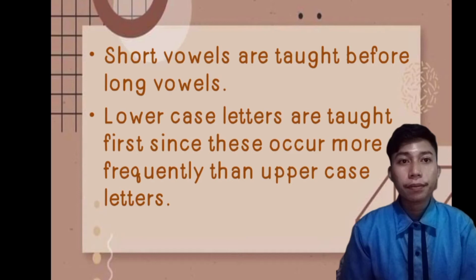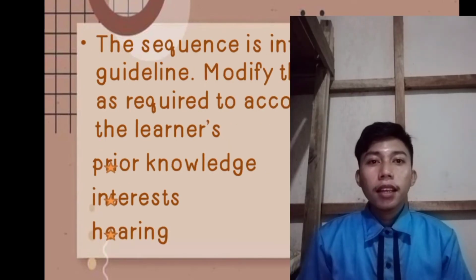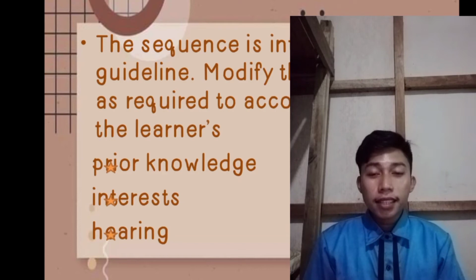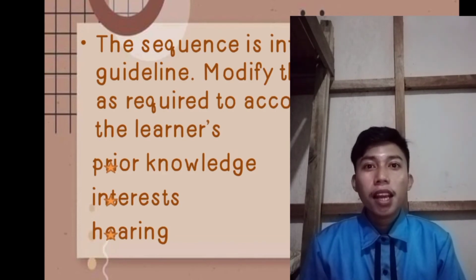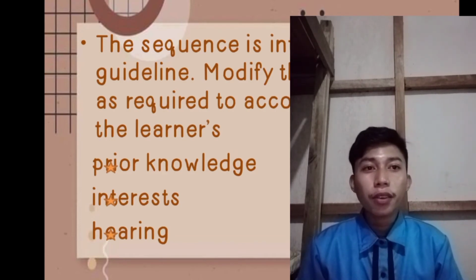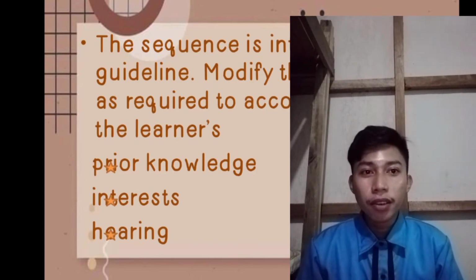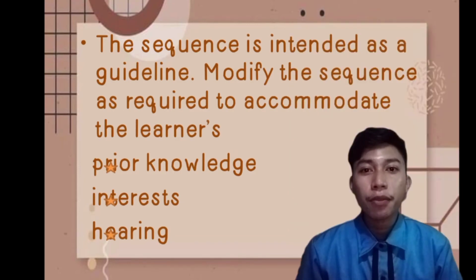Lowercase letters are taught first since these occur more frequently than uppercase letters. The sequence is intended as a guideline. Modify the sequence as required to accommodate the learner's prior knowledge, interest, and hearing.